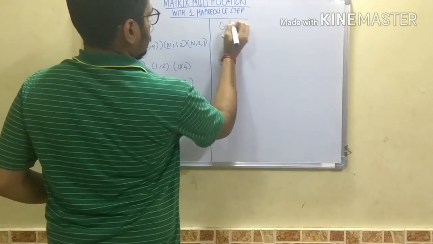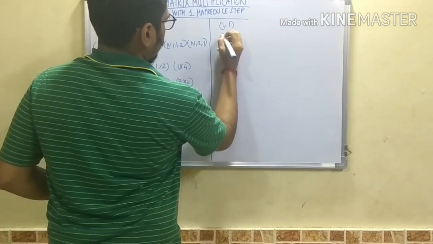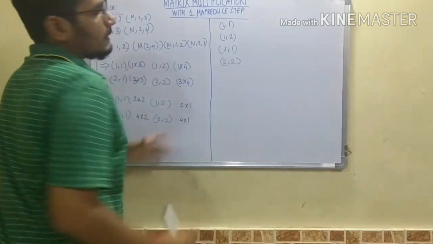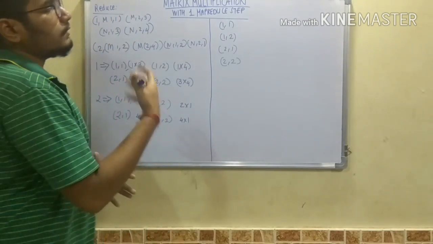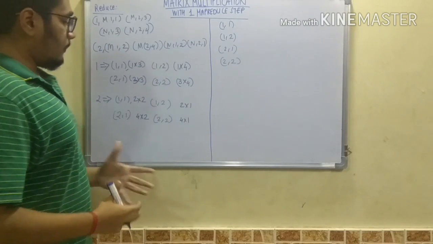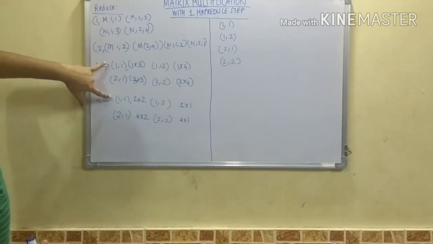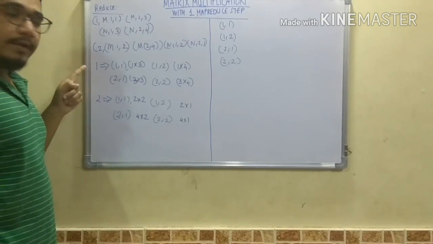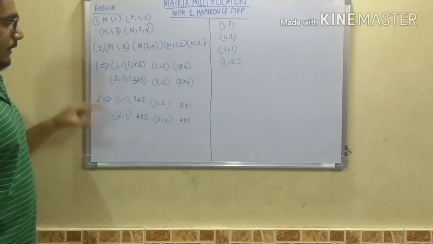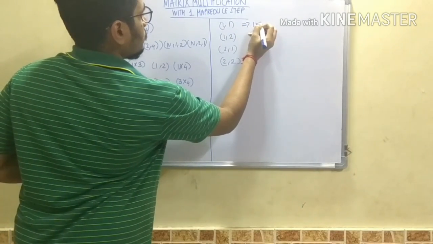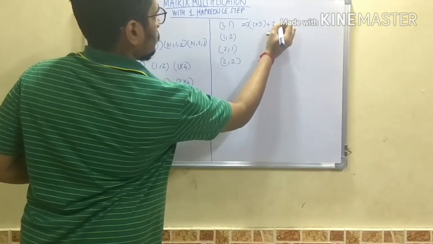So we have these denotations, that is 1 1, 1 2, 2 1 and 2 2. So these are the key value pairs that you need to input these values to. First for 1 1 we have these two pairs, from 1 we have this, and from 2 we have this. So first we'll write it as 1 into 3 plus 2 into 2.